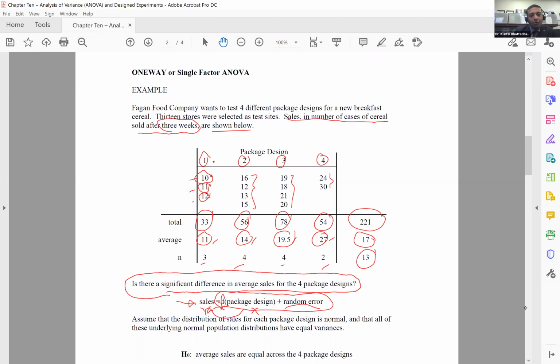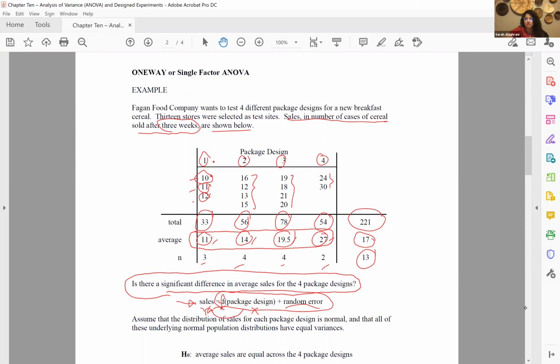If you just look at these numbers, right? These are the average sales numbers by the package design. 11 from package design 1, 14, 19.5, 27. So just on face value, can you conclude that package design impacts sales? Just on face value. Yes, no?